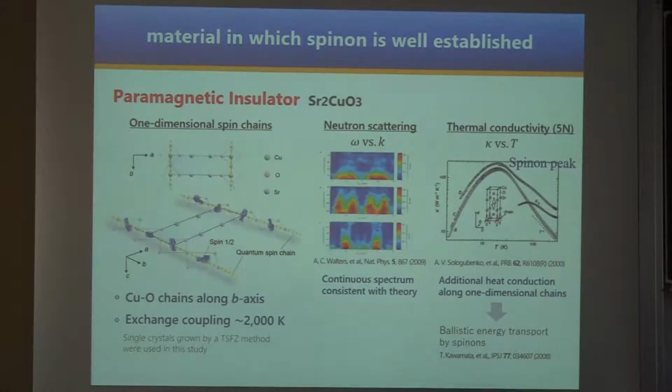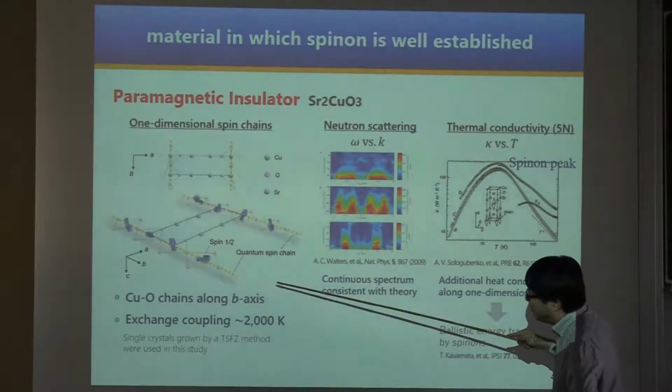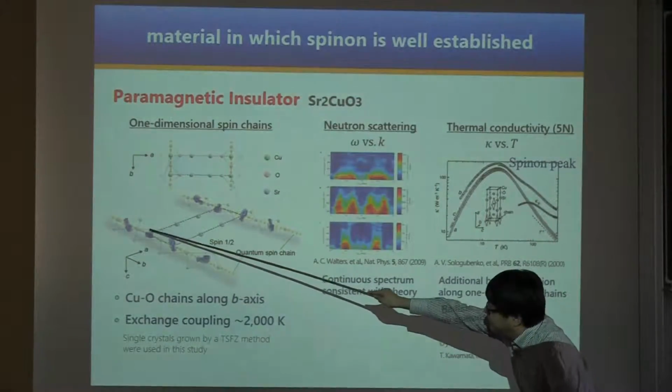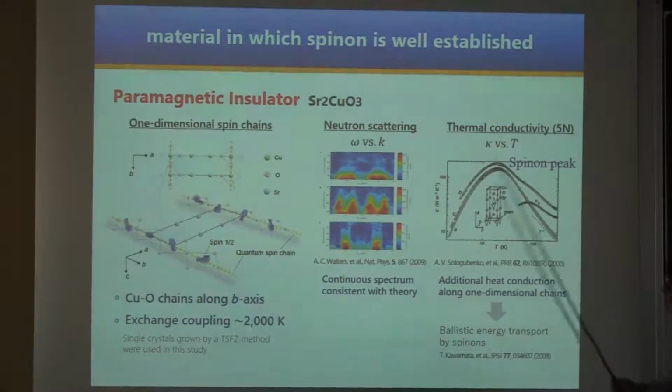This is a high-Tc cuprate related material, in which a spin-half chain is formed along the b-axis like this, and the spin chains are well separated like this.